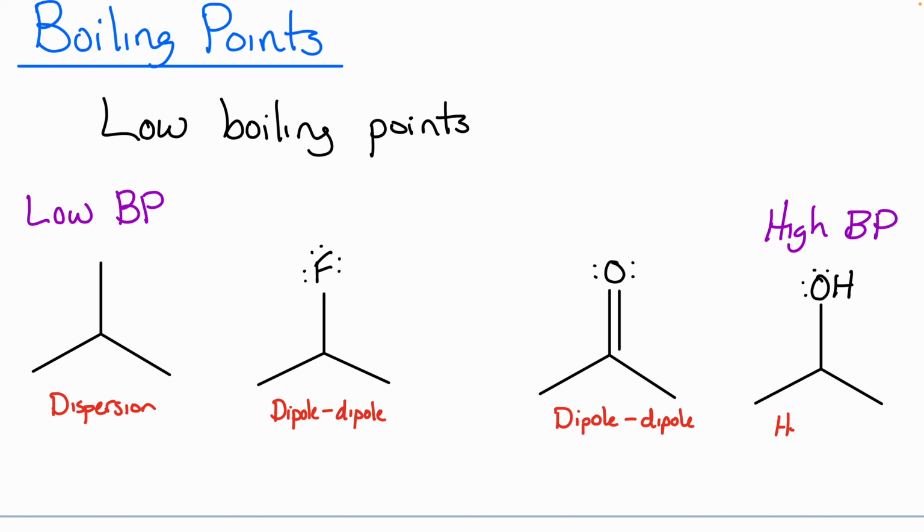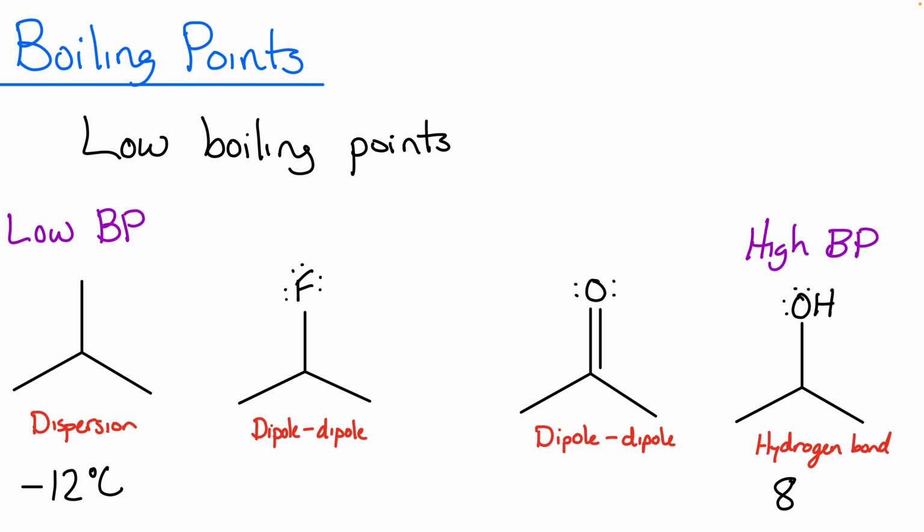And as I said, our alcohols can hydrogen bond. So indeed, our alkanes here with their very weak dispersion forces have the lowest boiling points. This is going to be negative 12 degrees Celsius. And our alcohols have higher boiling points. This would be 83 degrees Celsius. 82 degrees Celsius.